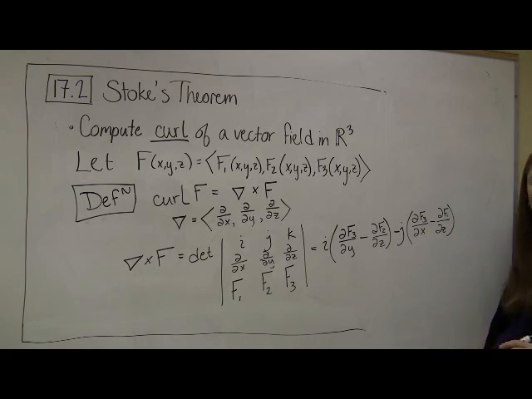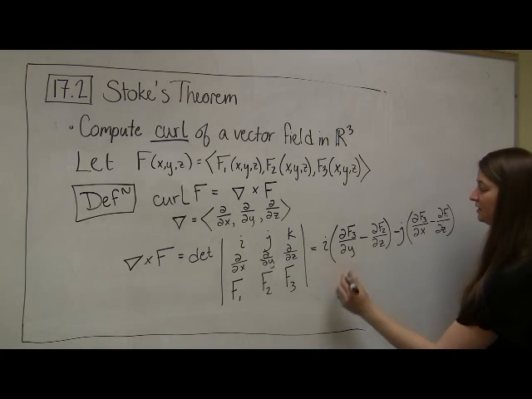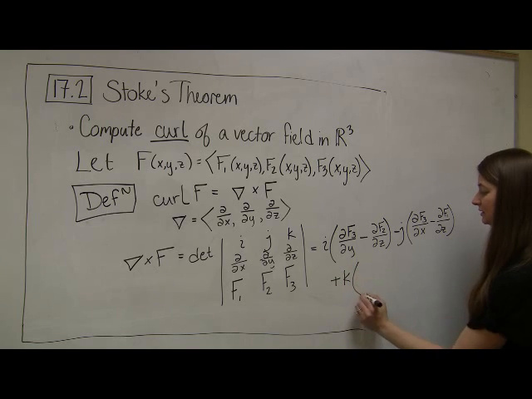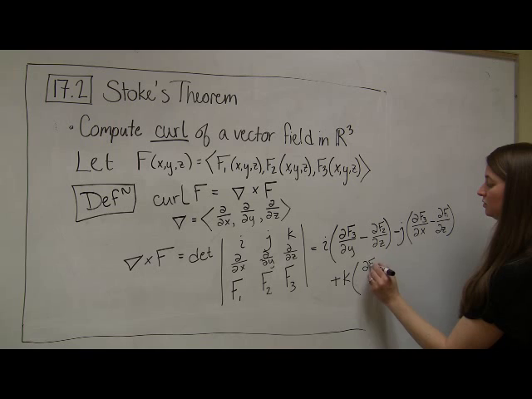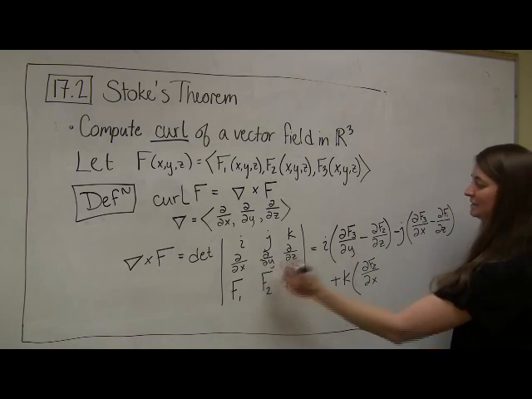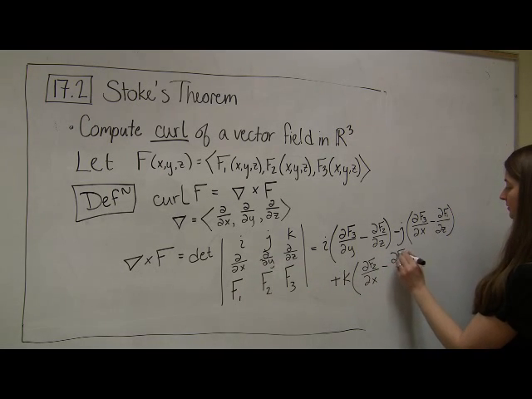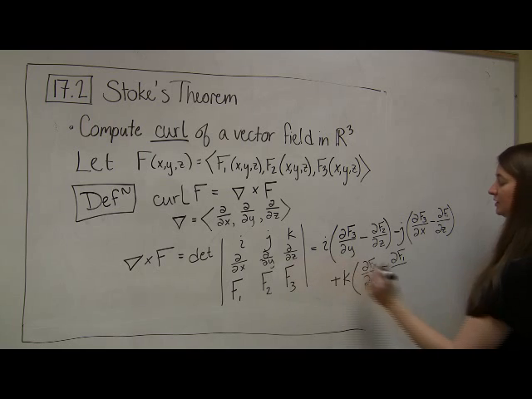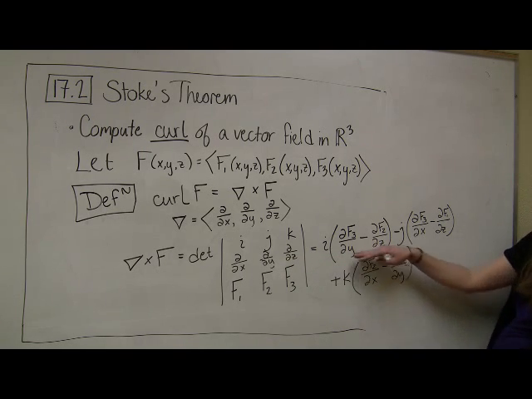I'm running out of room, so I'm going to skip on over to the next line. My final component of this determinant is going to be my kth component. In this case, my kth component is the partial derivative of f2 with respect to x minus my partial derivative of f1 with respect to y.